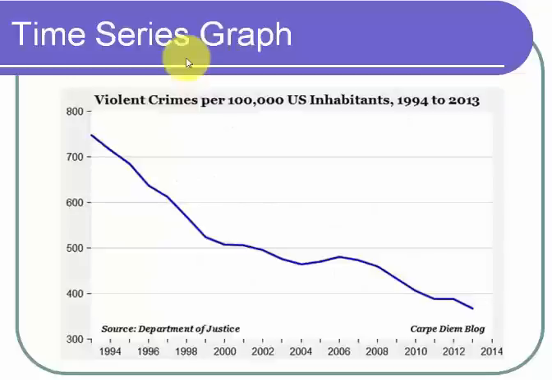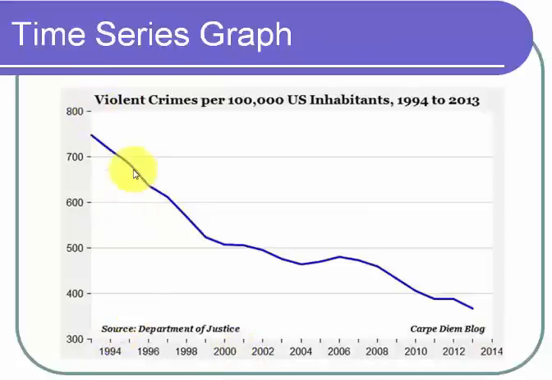Then the final graph I want to talk about is called a time series graph. A time series graph is a frequency polygon, but the horizontal axis represents time. So here's an example.